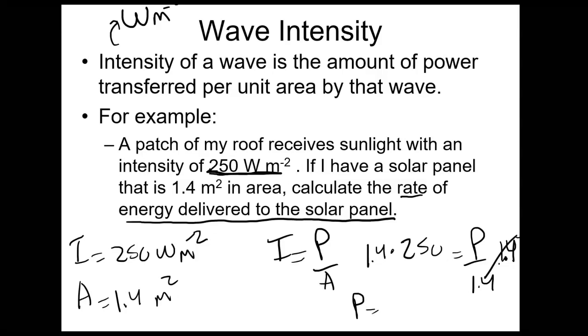And by the way, later we'll talk about how this is not actually the true amount of power that you get from the solar panel, because you have to worry about efficiency and stuff like that. But I get 350 watts, which is not a lot, but it's enough to power a couple light bulbs, maybe your computer monitor or something like that. It's not too bad. So that's basically what we mean by intensity: power per unit area. Pause there if you need to take more notes.